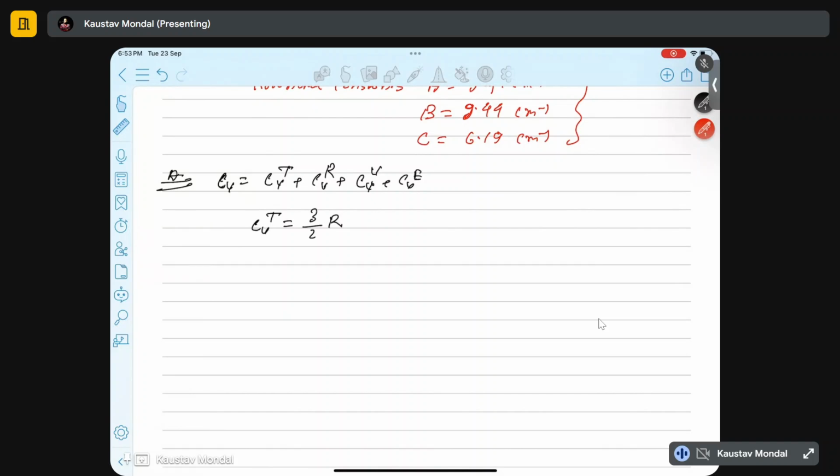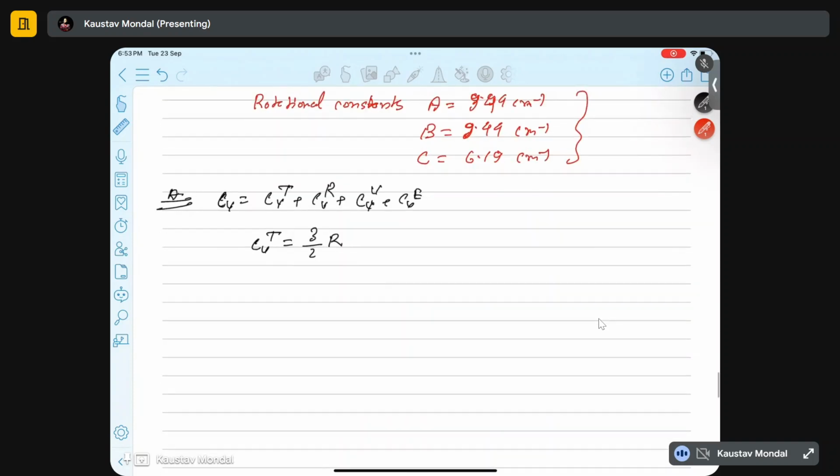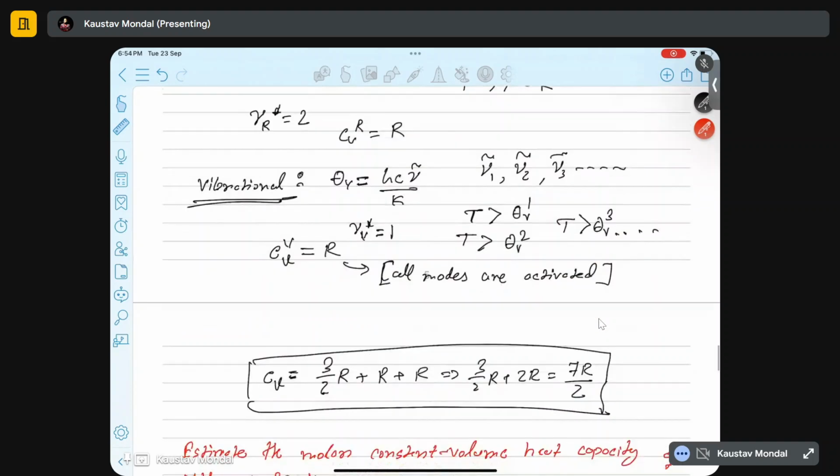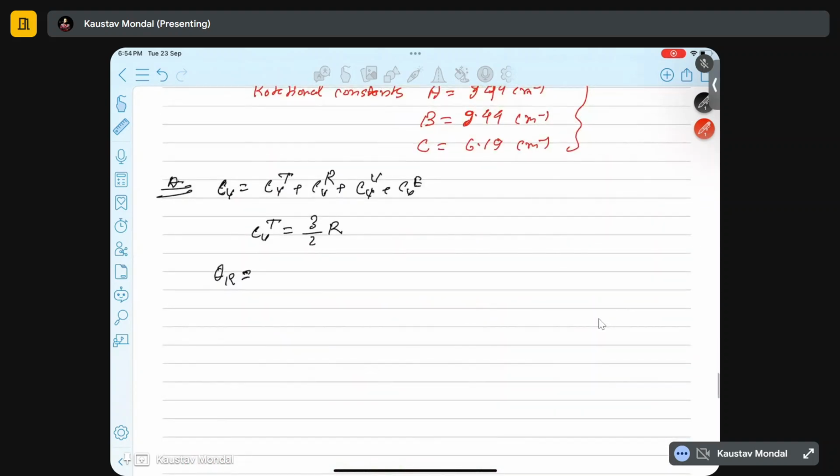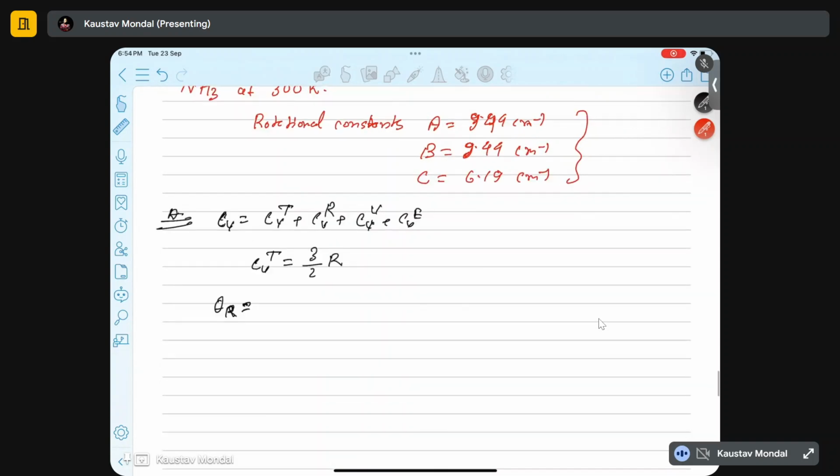Next comes the rotational case. For the rotational case, we first have to check. Here, there are three rotational constants, so there are basically three values of rotational temperature: theta r1, theta r2, and so on. For this case, the temperature should be greater than or equal to theta, that we have to first verify.